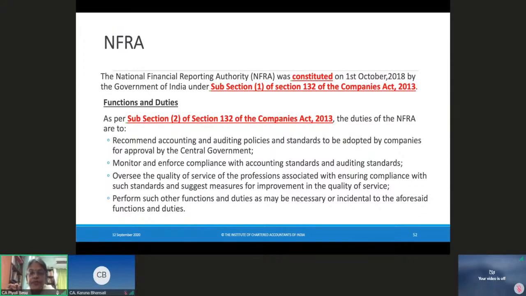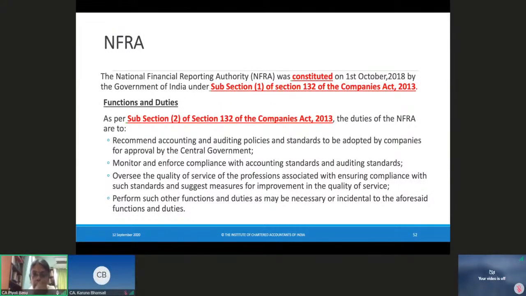The moment it is about auditing standards, it is talking about professional accountants, and when you talk about accounting standards, it is monitoring the companies. So in principle, they monitor both the companies and their auditors, oversee the quality of service of the professionals associated with compliance with such standards, whether auditing or accounting, suggest improvements from time to time, and perform such other services as may be required from time to time.